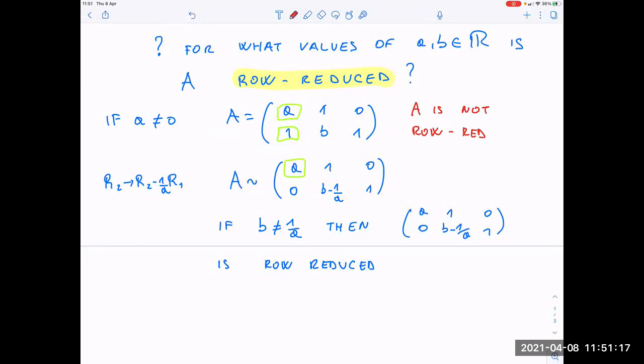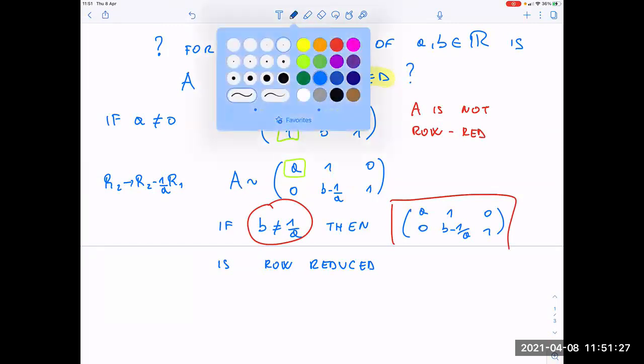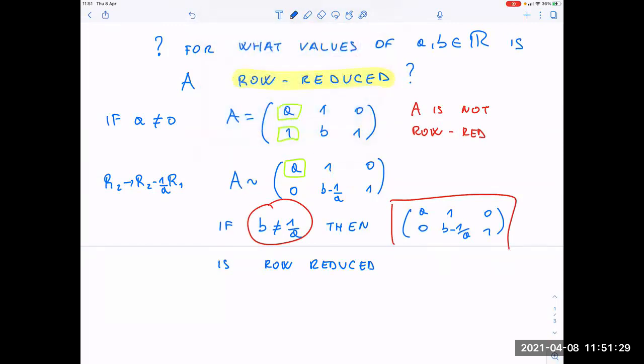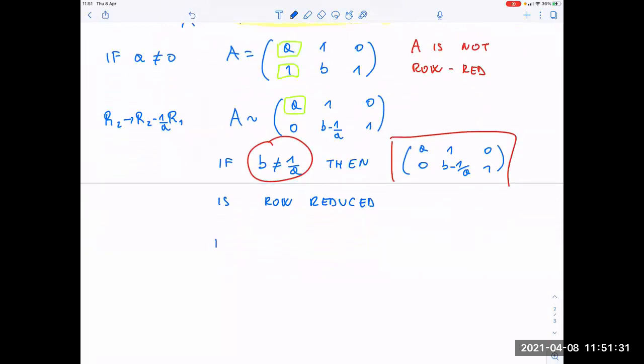I find a new condition here, and then I find a row reduced form of matrix A. If I want to keep looking for a row reduced form of matrix A, I also have to say that if B is equal to 1 over A, then the matrix I have here is not row reduced. So this one is row reduced, but now this one is not.